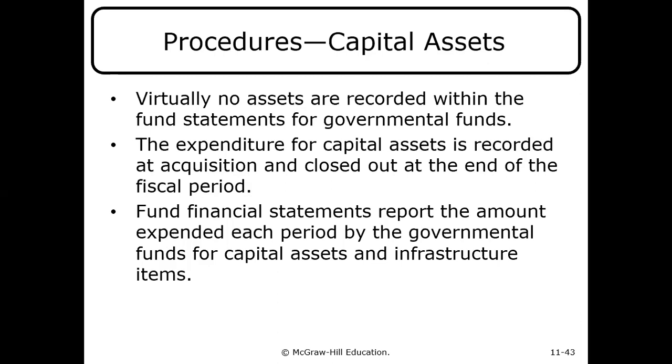Even then, the inclusion of infrastructure items was optional. So there was no information about how much the roads, the sidewalks, bridges, and the like cost. A bridge, for example, with proper care might last for more than 100 years, but they never said that. Now with the government-wide statements, they're required to report capital assets. And you'll see that in Chapter 12 more.